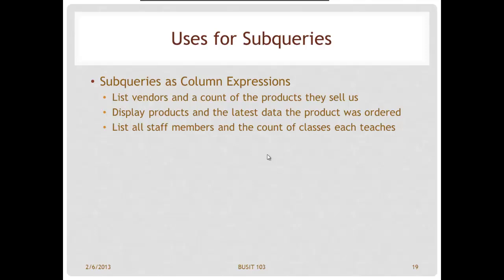Uses for subqueries. Subqueries as column expressions: list vendors and a count of the products they sell, list products and the latest date the product was ordered, list all staff members and the count of classes each teaches.